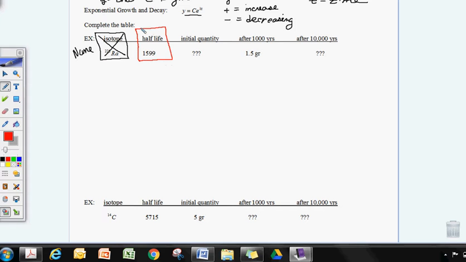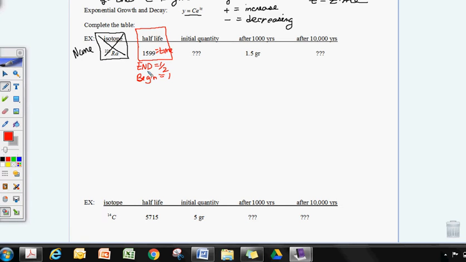The half-life tells me we end with half of our stuff and we begin with all of our stuff. So we begin with one and we end with a half, and the 1599 is the time it takes to get there.